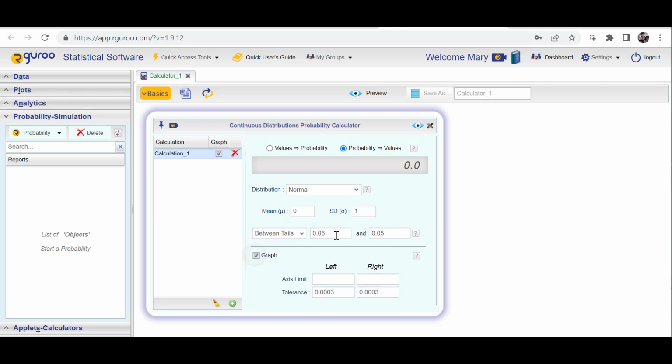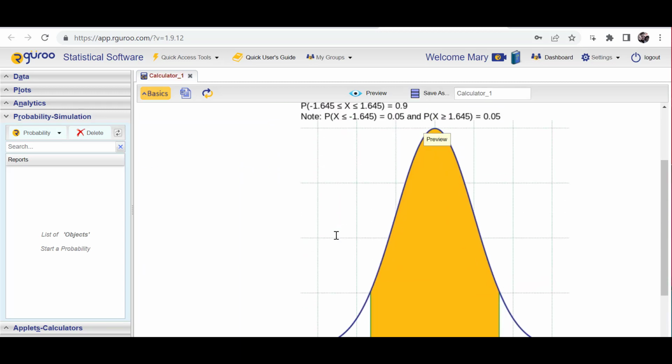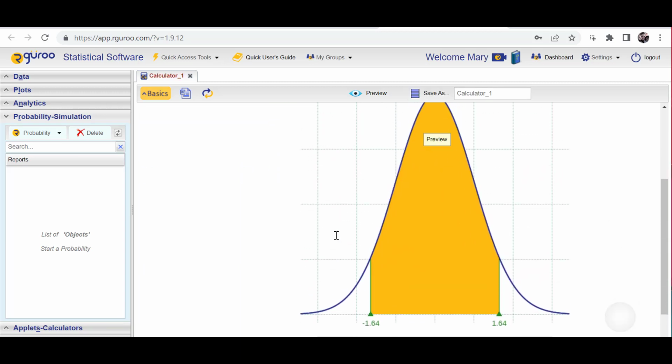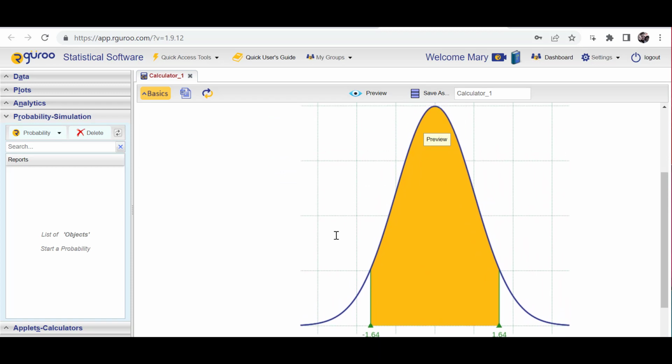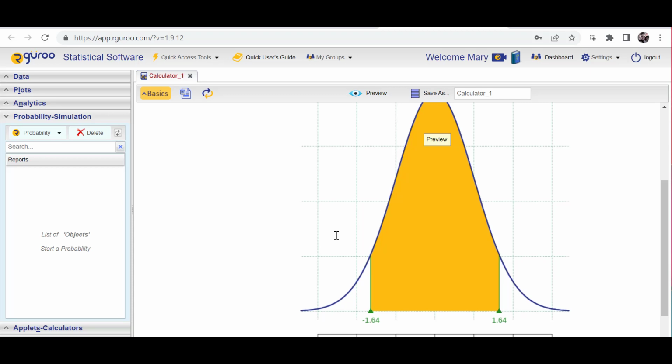I'm going to go ahead and graph so you can see the graph as well. And so if you look at this center here that's shaded, that is 90% of the data, right? And so what we're saying is these two boundaries here, that the upper boundary for this 90% is 1.6.